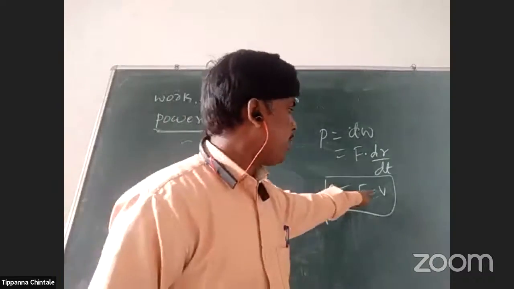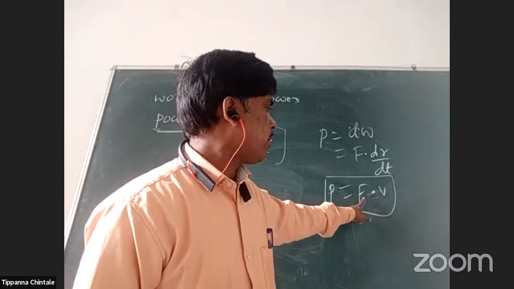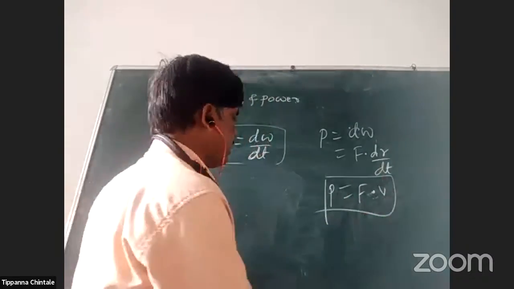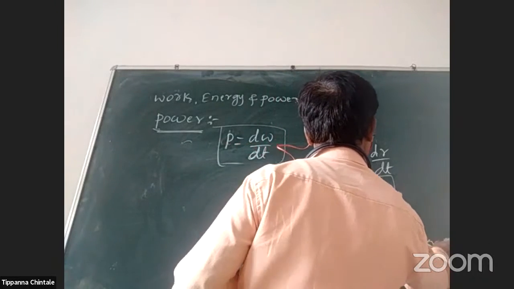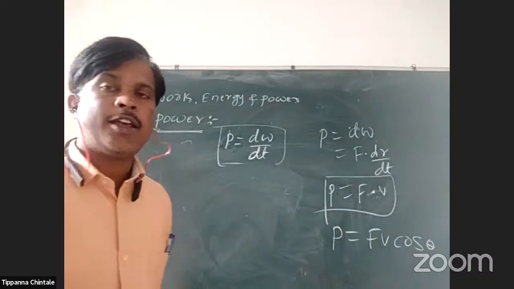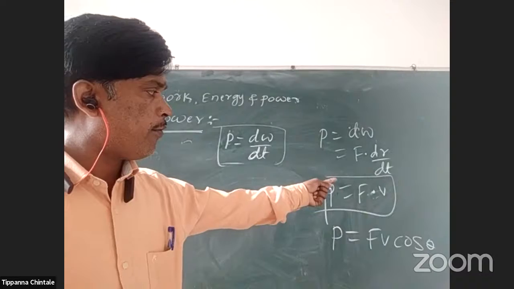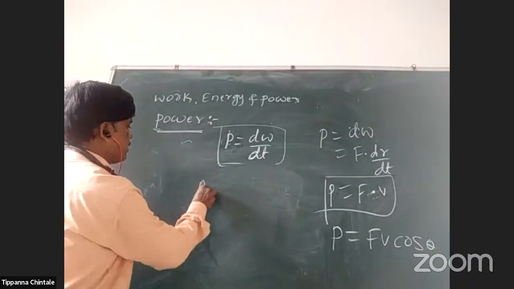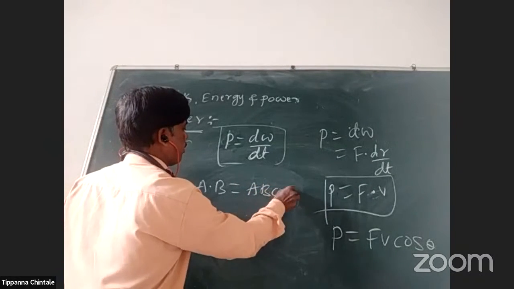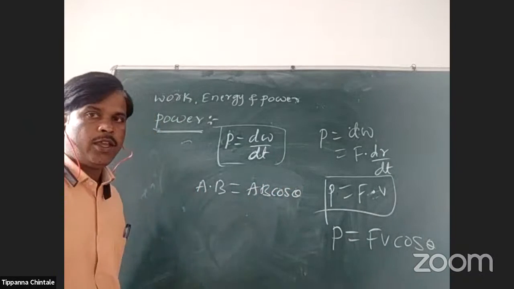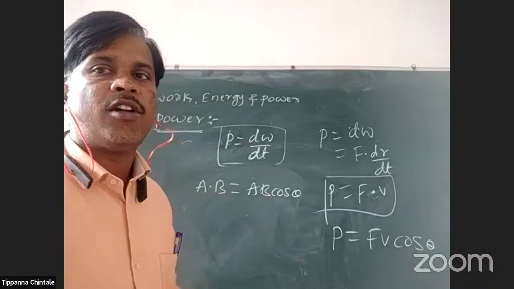So this is again a dot product. Here power is nothing but a dot product. This can also be written as P is equal to Fv cos theta. Because in scalar product we already studied, suppose there are two vectors A dot B, we can write it as AB cos theta because it is a scalar product, or also called the dot product.